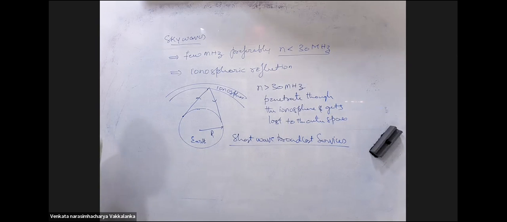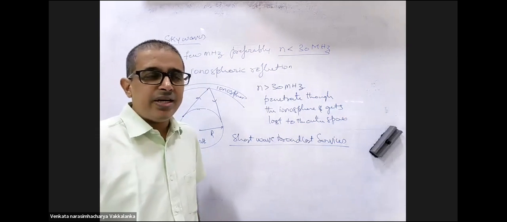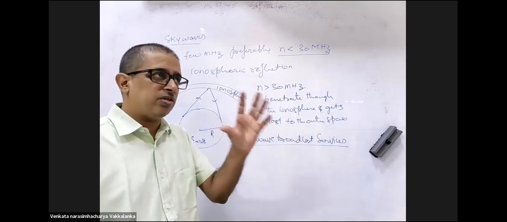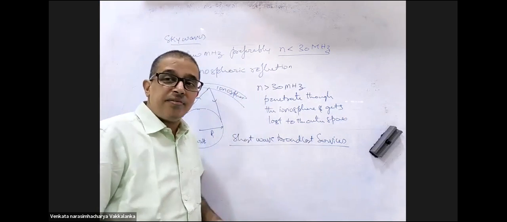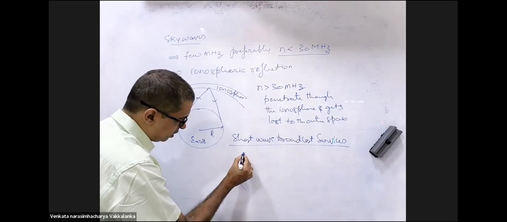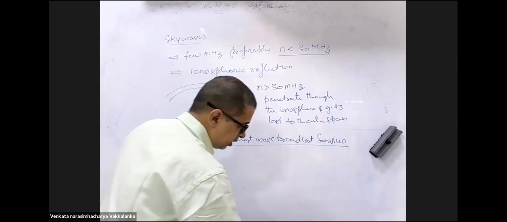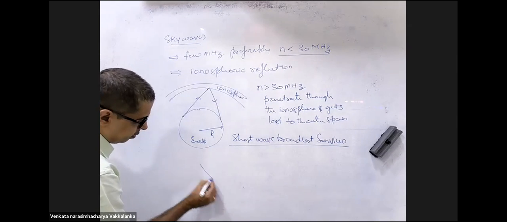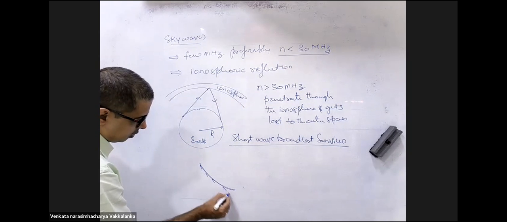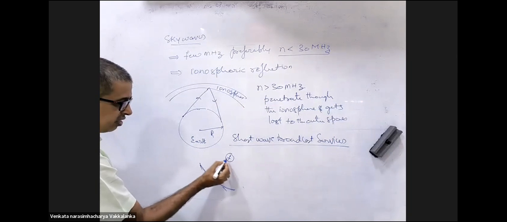Yes sir. Somebody typed TV dish is considered an antenna. Yes, TV dish antenna works on the principle of taking the signals directly from the satellite. A TV dish is a concave shaped structure. At the focus, you will have the receiver.